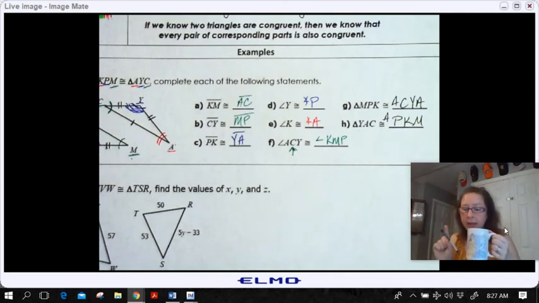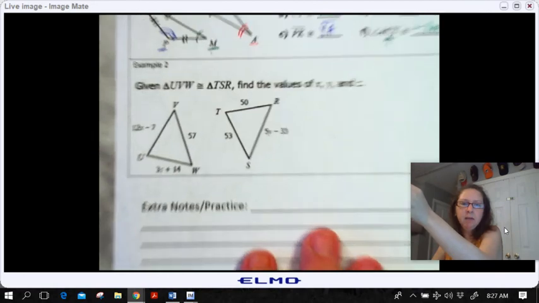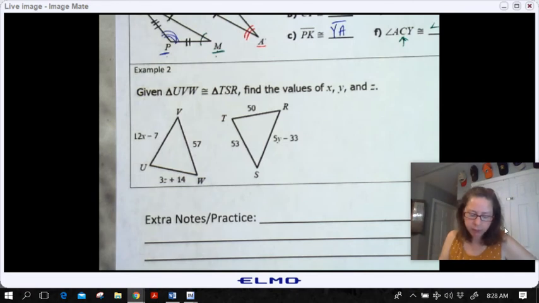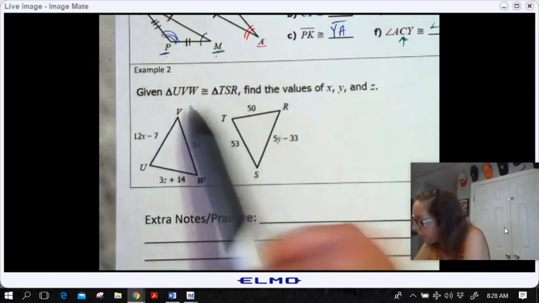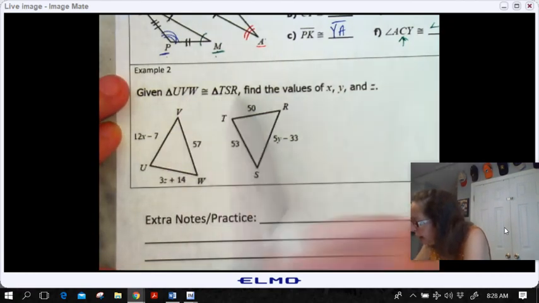We have one last example to do in our notes for today. It is if they give me the values of the sides of these triangles and they tell me some congruency statements, can I solve and find the values? So they told me triangle UVW. So UV is going to be congruent to TS.